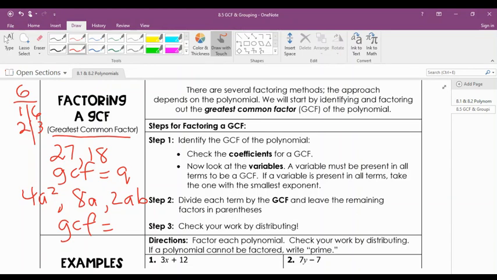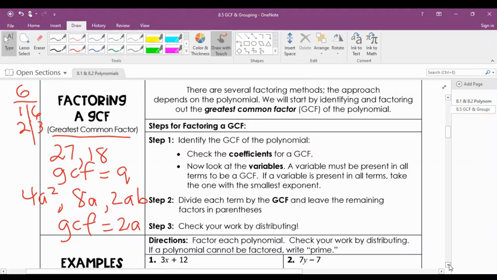Well, first we're going to see what would divide into all of them. I think it's pretty easy to see that 2 would divide into all of them. And then we're going to look at the letters. Now, what letter do they have in common? Well, they have an A in common. The first one has a squared, but they don't all have 2, so they all have at least 1. So I'm going to say that A would be the letter that they have in common. They definitely don't all have B.